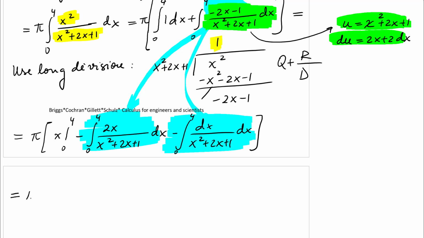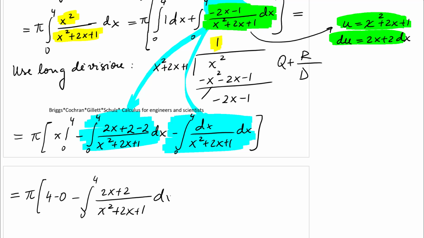So now we get pi times 4 minus 0 minus. Now the denominator, if we differentiate it, we'll need a plus 2, but then a minus 2. So then the integral becomes the integral from 0 to 4 of (2x plus 2) over (x squared plus 2x plus 1) dx.